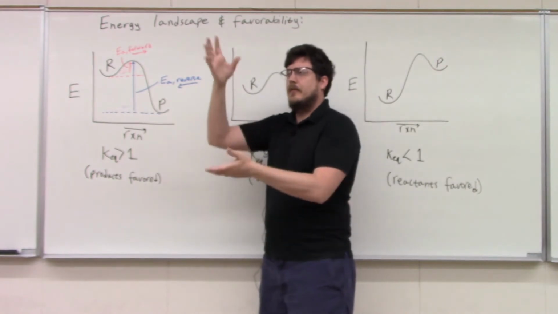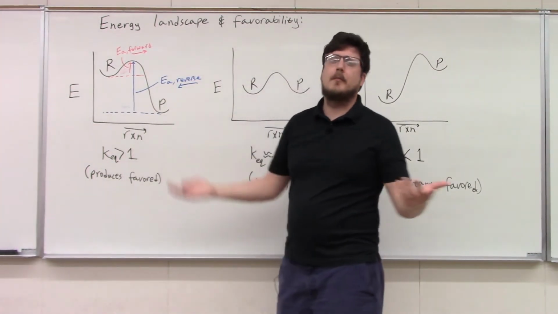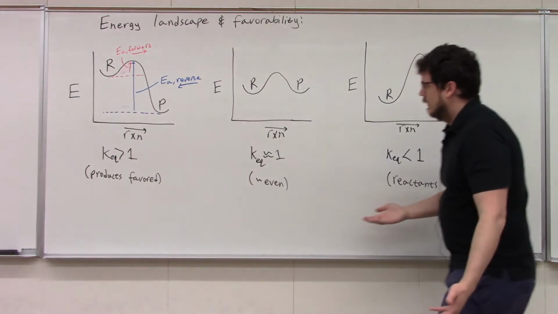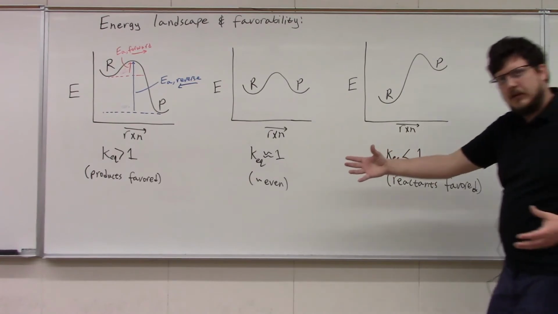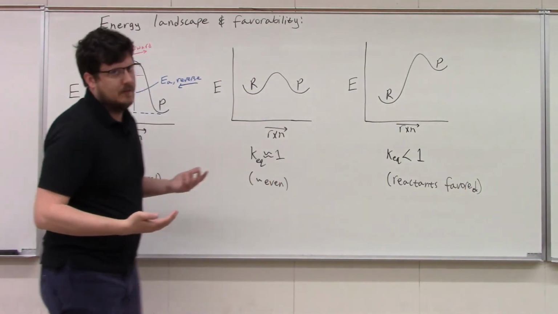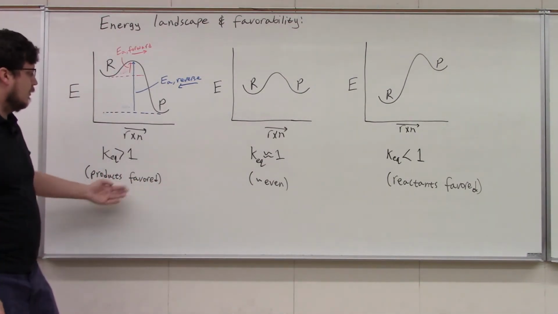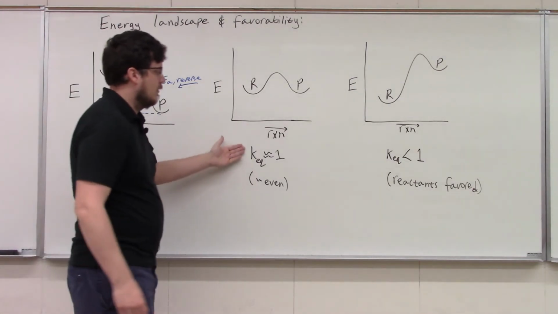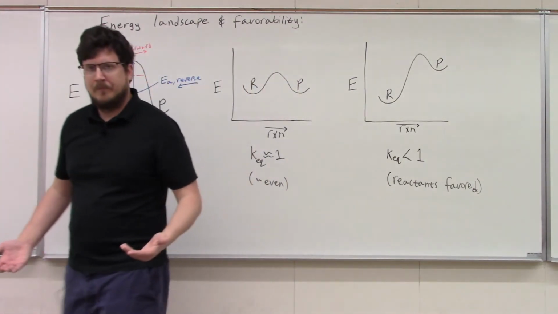We have a large number divided by a smaller number, which gives something greater than 1, like 10 divided by 3. Over here we get the opposite. Reactants are favored, large denominator, small numerator, so now it's like 3 divided by 10. So when you see Keq greater than 1, products are favored. If it's about 1, they're about even. When it's less than 1, we say reactants are favored.